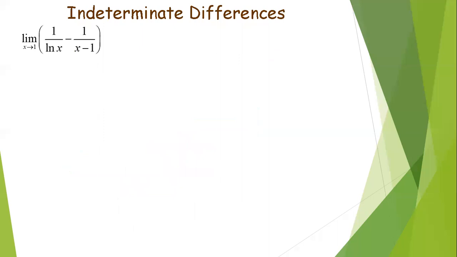For the indeterminate difference, we have the limit as x approaches 1 of 1 over ln x minus 1 over x minus 1. This is an indeterminate form, which is infinity minus infinity.